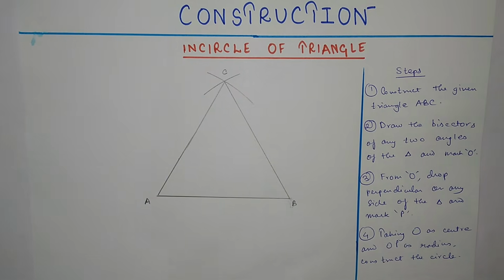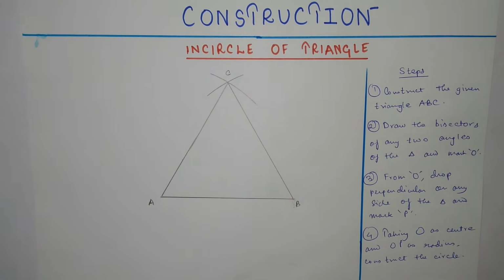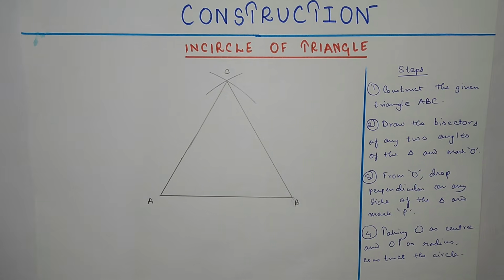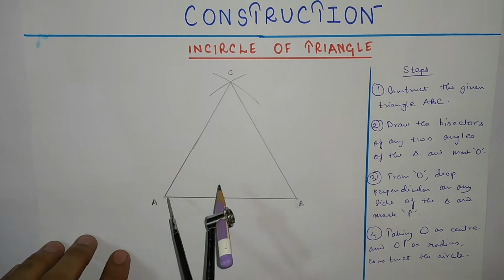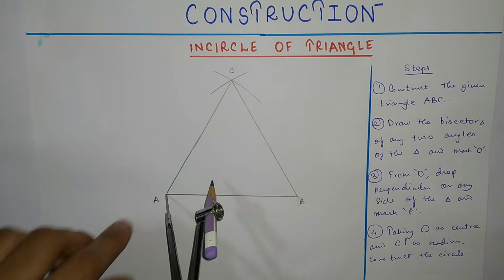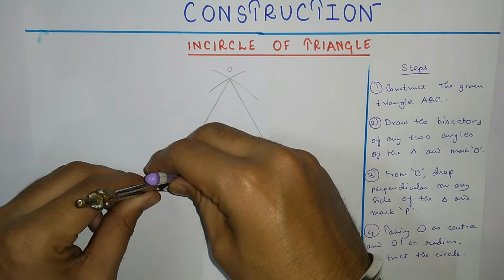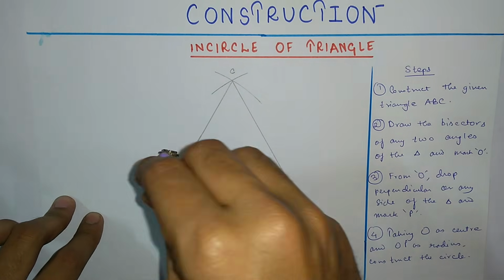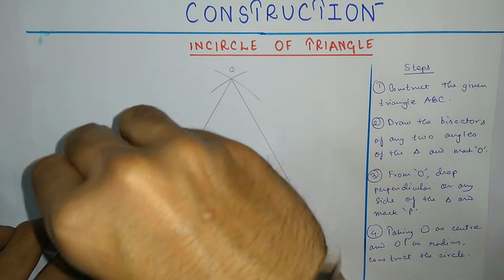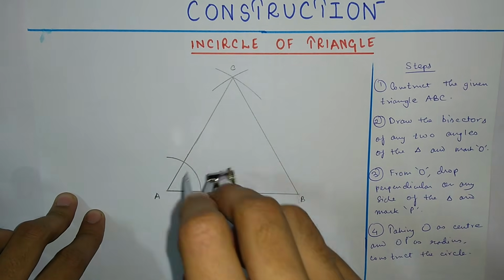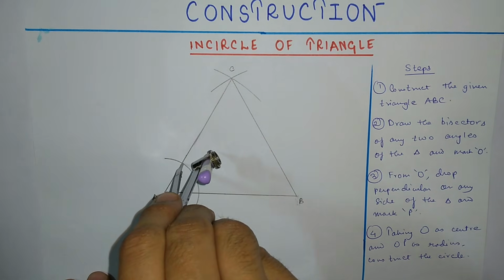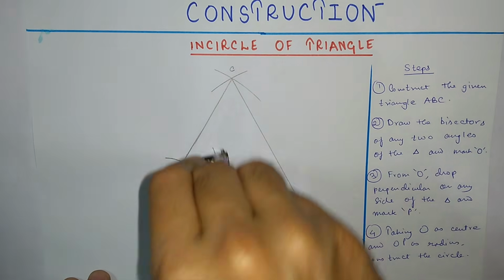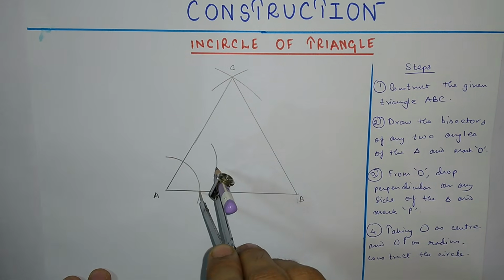Now the second step is draw the bisectors of any two angles of the triangle. Okay, how to do that? Compass. This is the angle. This will become a bit big, so over here it is fine. Okay, I'll make one arc like this, and then over here and over here.